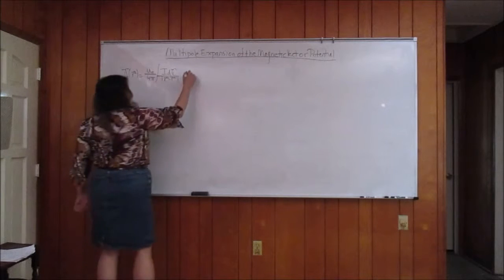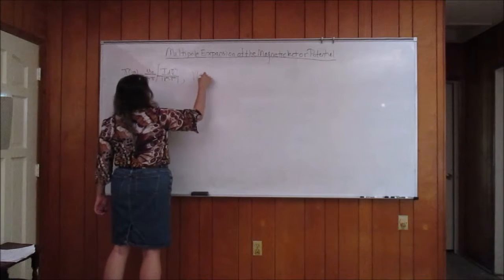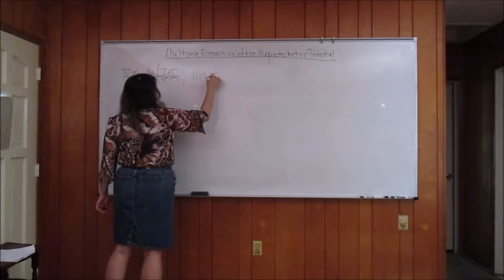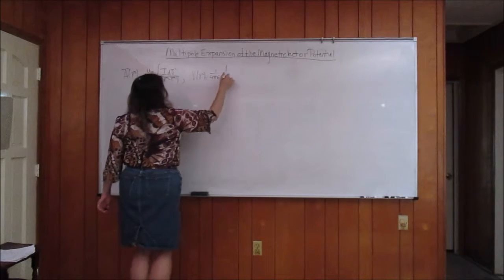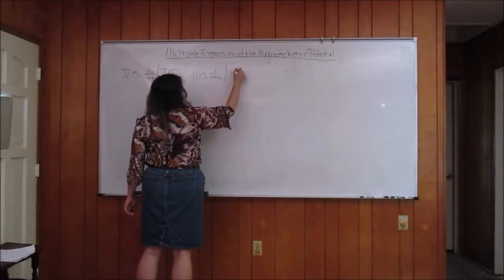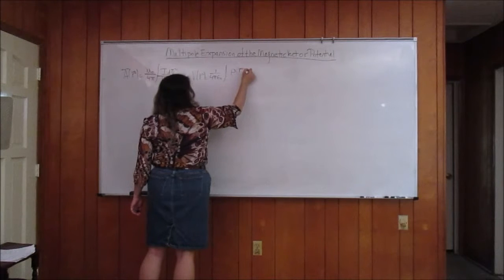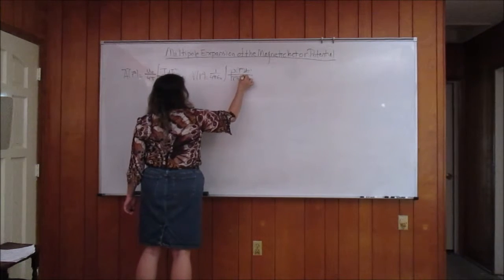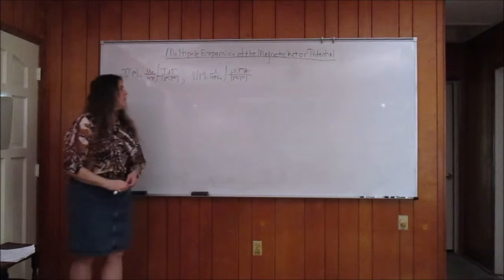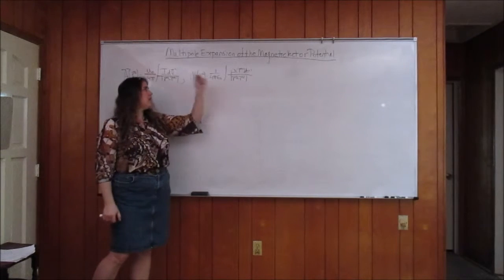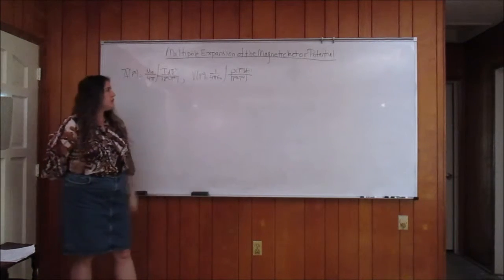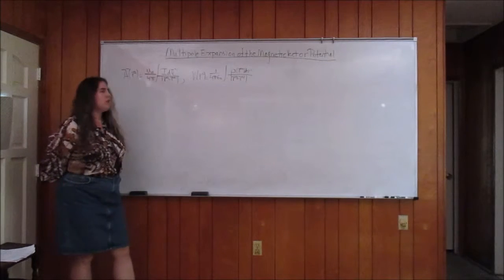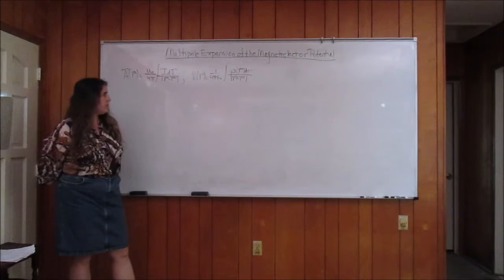Back to electrostatics, just as a reminder, the potential is equal to 1 over 4 pi epsilon naught volume integral of the volume charge density over the magnitude of the separation vector.